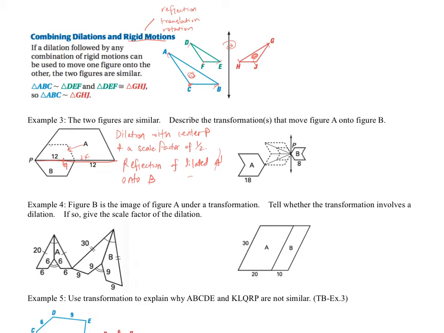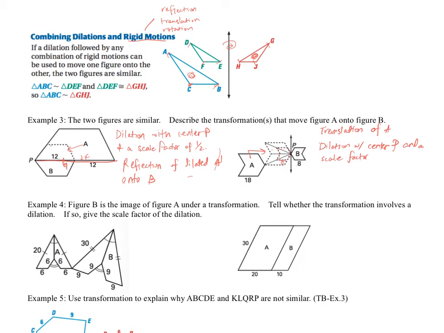And for this one, to the right here, first we have a translation, the rigid motion translation of A. So it moved from here to the right. And then this translation of A shrunk to the smaller one here. And then this little lane here is 8. So the scale factor, first we're going to write dilation with center P and a scale factor.